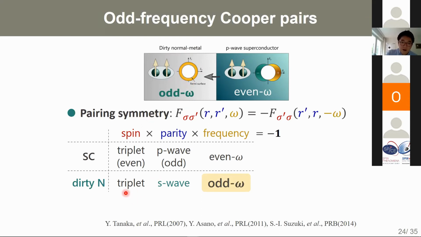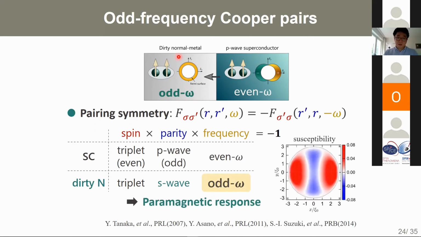This is because the spin component is still triplet, but the orbital part must change to S-wave, since in the dirty normal metal, only the isotropic pairing can remain. So to satisfy this relation, finally, we need odd frequency. In short, in the attached dirty normal metal, we have S-wave triplet odd frequency Cooper pairs. And it has also been demonstrated that the odd frequency Cooper pairs can cause the paramagnetic Meissner effect, a paramagnetic response. So the unusual magnetic response of the anomalous proximity effect is explained by employing the odd frequency Cooper pairs.